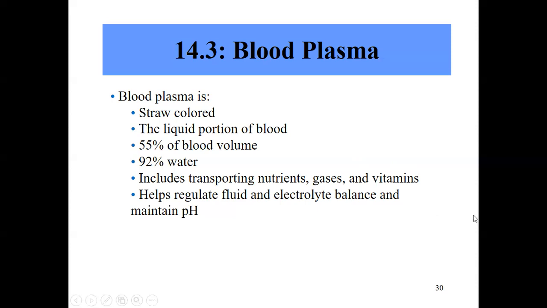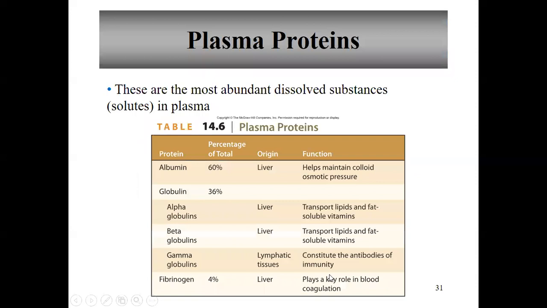And each part of your body has a specific pH that it's dealing with. Your stomach obviously has a completely different pH than your big toe, which will have a different pH than your intestines. So every part of your body will have a different pH, and your blood plasma will help maintain the pH in those particular areas.